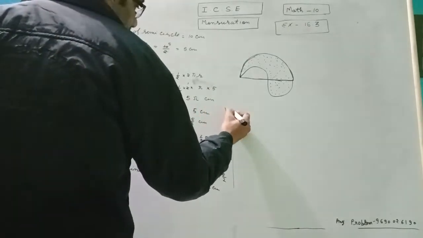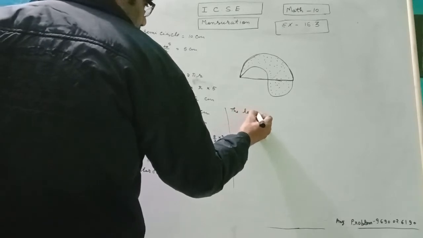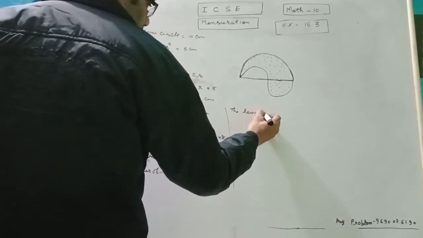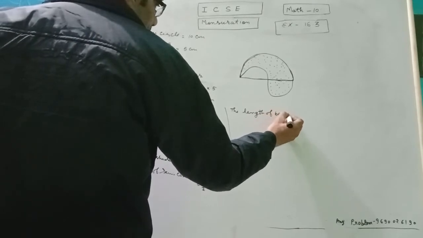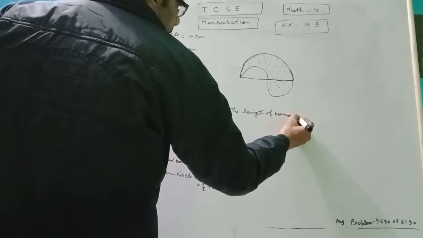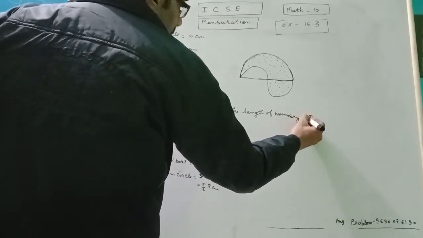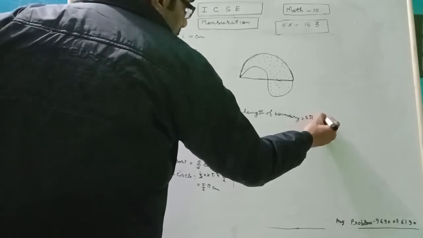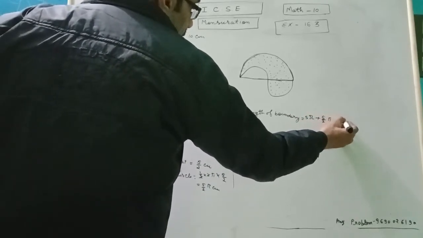Length of boundary is equal to 5 pi plus 5 upon 2 pi plus 5 upon 2 pi.